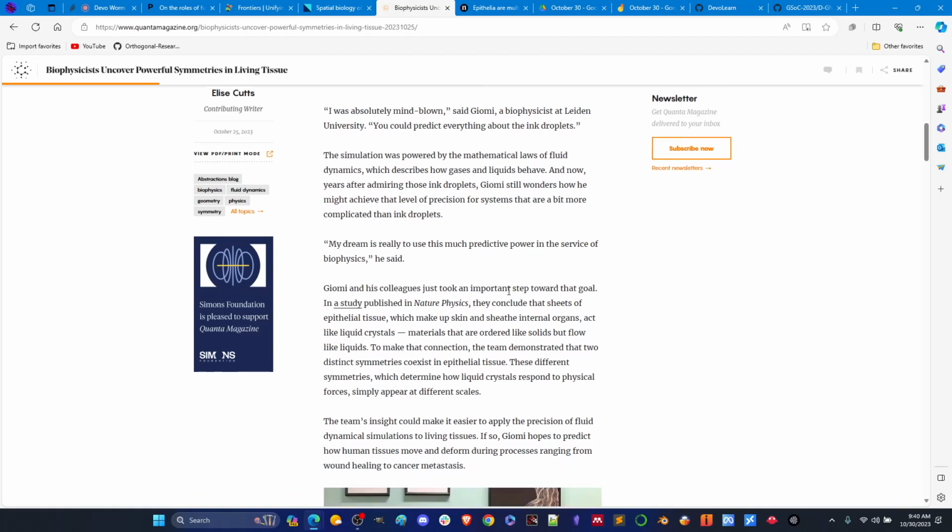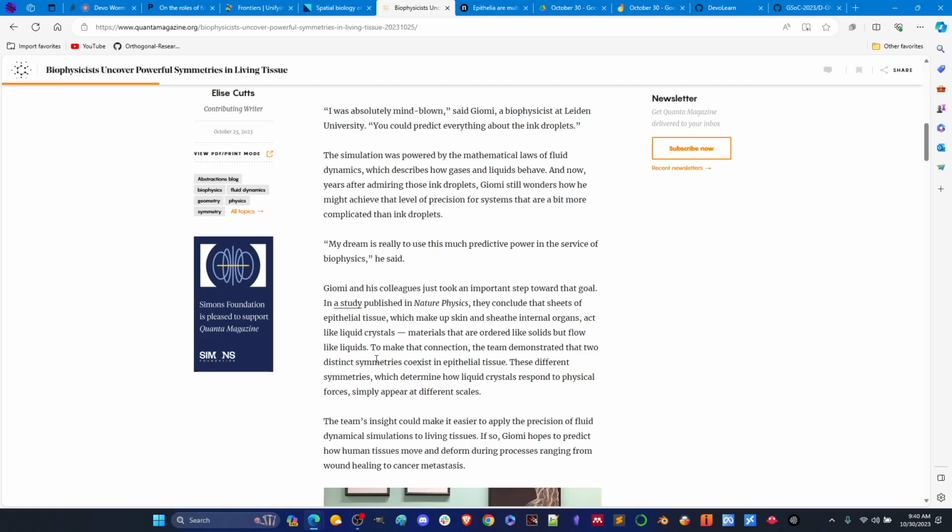In this paper in Nature Physics, they conclude that sheets of epithelial tissue act like liquid crystals. And you define liquid crystals as materials that are ordered like solids but flow like liquids. So they have the order of a solid, like a static sheet, but then they flow, they migrate like liquids.